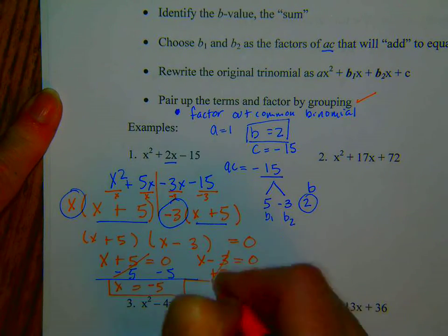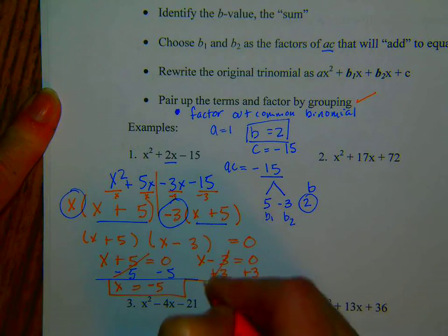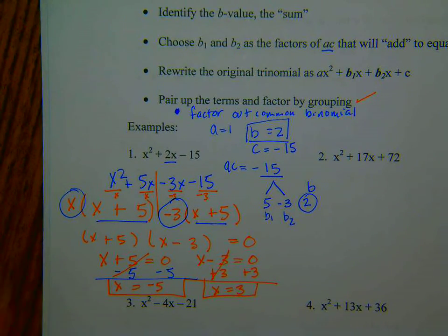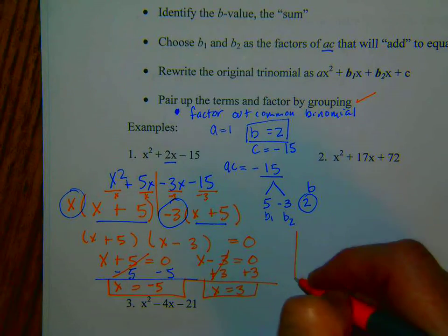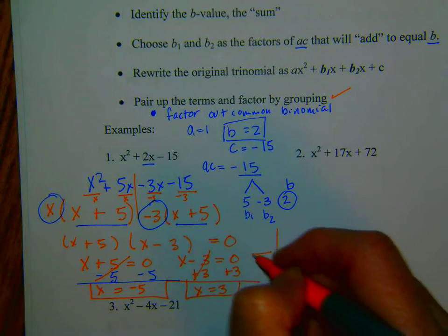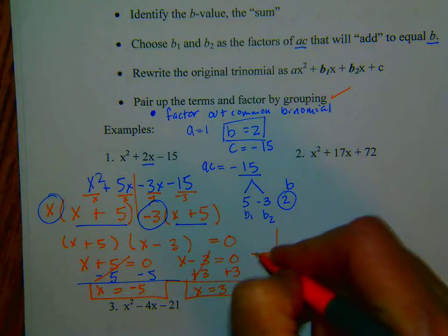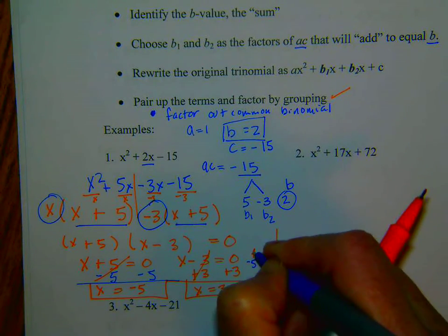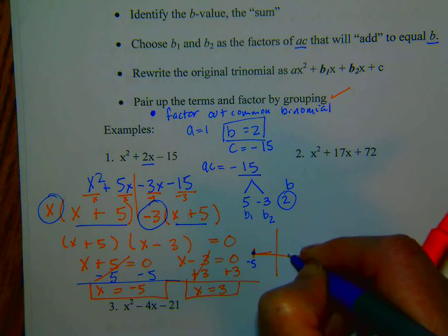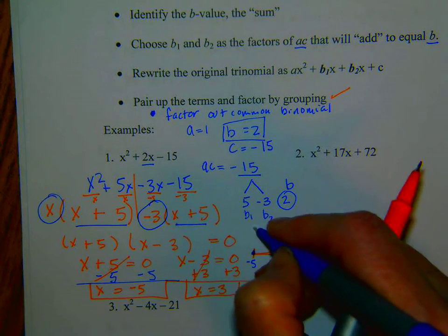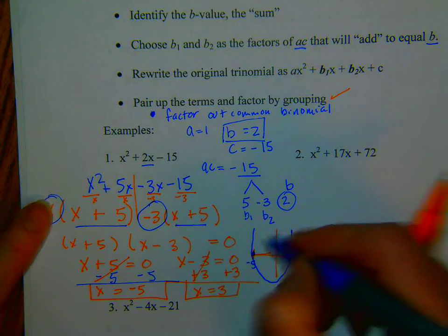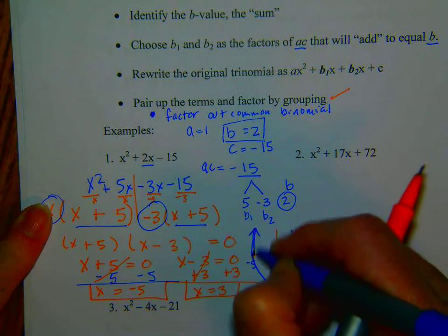What do I get? x equals positive 3. And now what does that mean for me? Well, that means that I have a parabola that has roots at x equals negative 5 and x equals positive 3. And that parabola will be facing upward because a is positive.